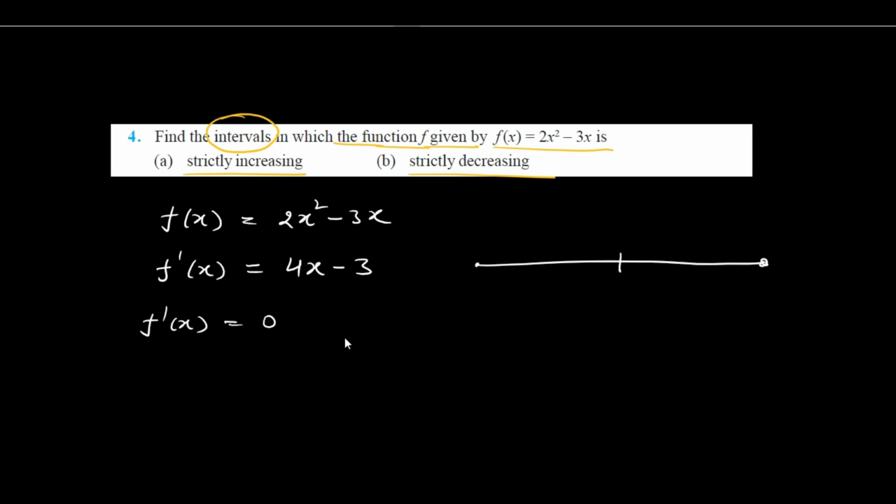Okay, now the function is f(x) = 2x^2 - 3x. Now find f'(x), the derivative of the given function, and you will find 4x - 3. Now draw a number line and put f'(x) equal to 0. Then 4x - 3 = 0, so x = 3/4.